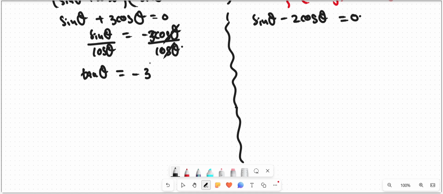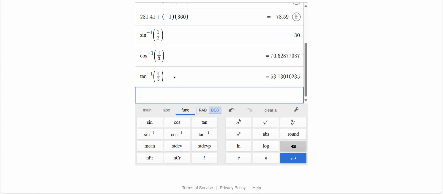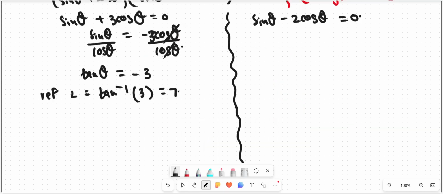And then there, I need to get my reference angle. So my reference angle, the inverse of tan with a positive 3, let's check. Inverse tan of a positive 3 gives you 71.57 degrees as my reference angle. Where is tan negative?